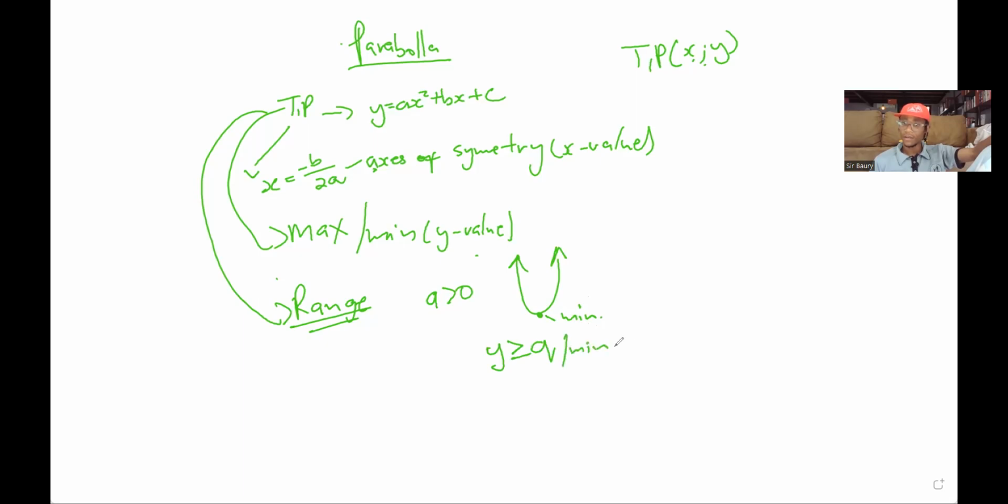Whichever it is, the y value at the turning point, that's the range. Then if a is negative, you're going to have a convex parabola. This means that you have a maximum. This is how far the graph can reach. Y is less than or equal to q.